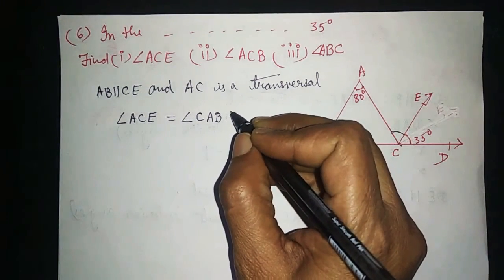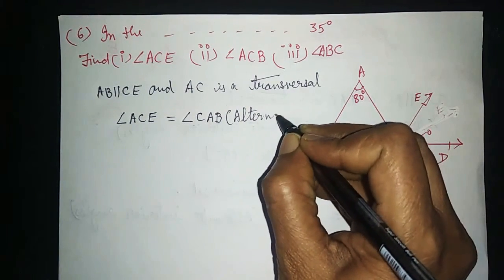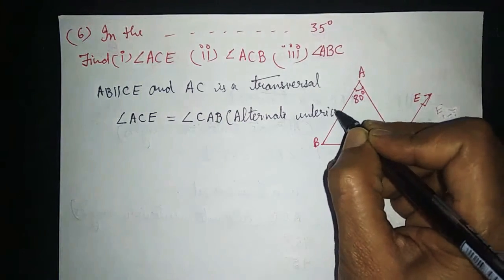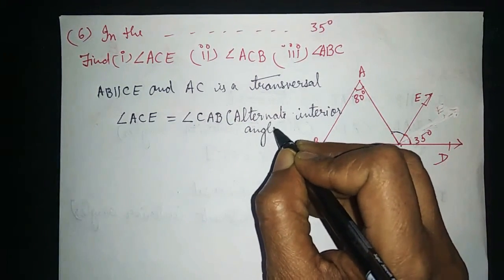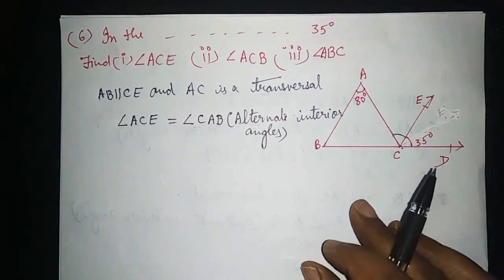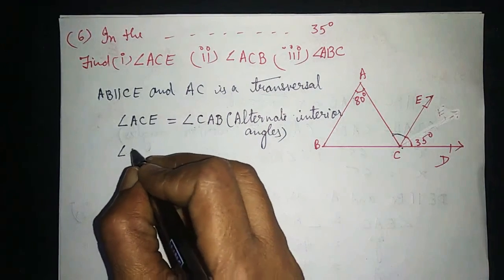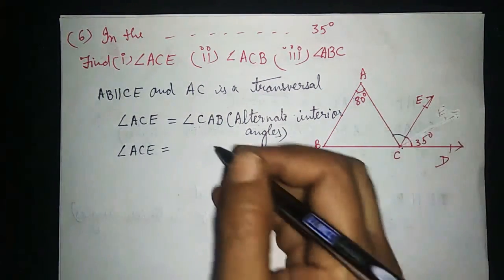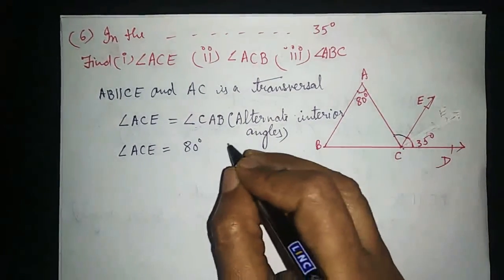Okay, this thing we will write here, alternate interior angles. Okay, here we will write ACE, which we have to find, and CAB we have got in the question, this 80 degrees.